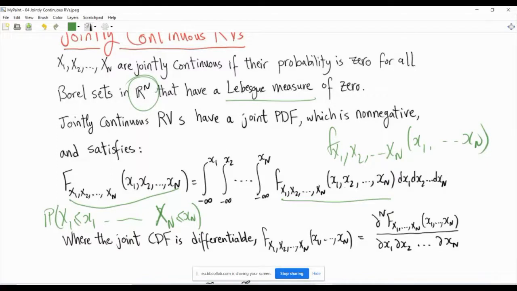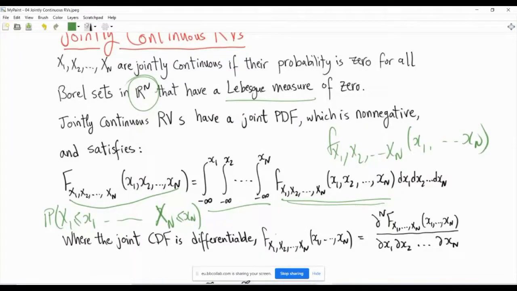If you know the joint PDF, you simply integrate, from minus infinity to x1, minus infinity to x2, and so forth. By integrating the joint PDF, you can get probabilities, for example the CDF, if you start your integrals from minus infinity to small x1, small x2, and so on.